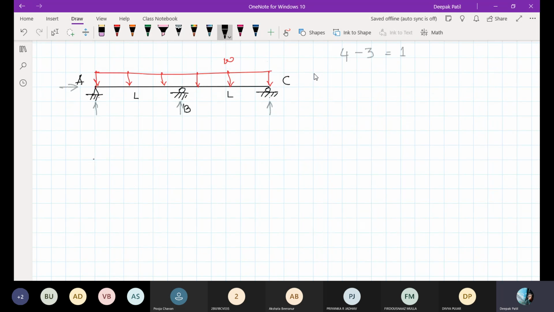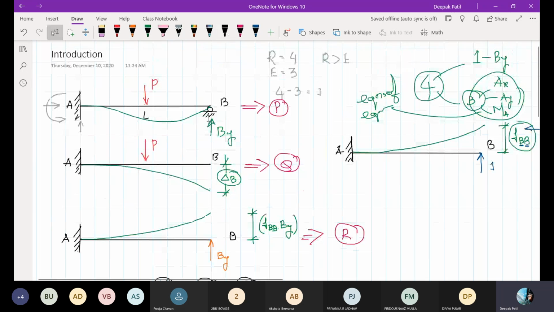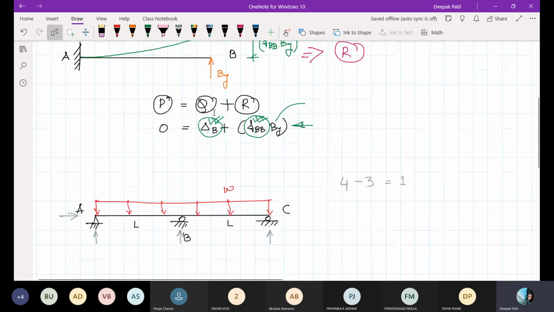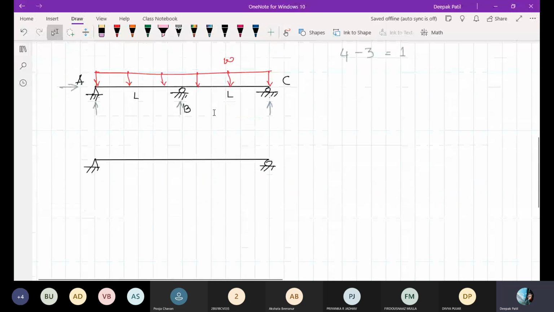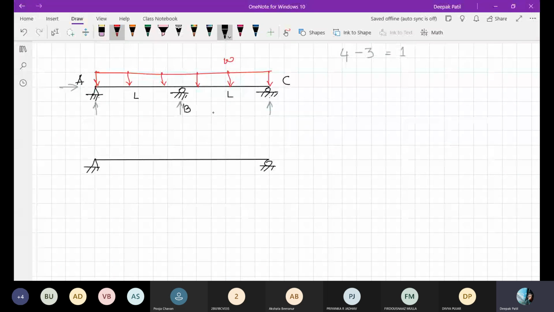First, I will take the same beam. Now in my previous example, I removed the roller support which was there at B. Now in this example, I will remove this roller support, but all other loads I will keep as they are.